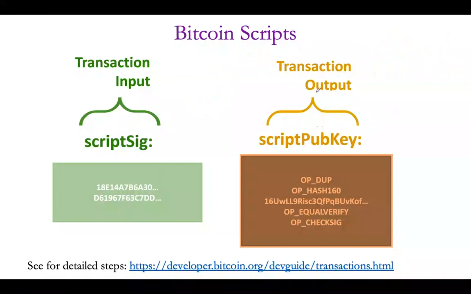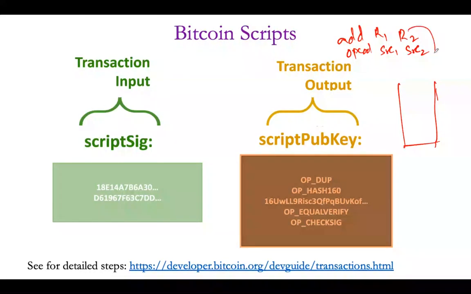That means, simply, suppose you have an instruction like add R1, R2. We call this the opcode, and this one is your source 1, this one is your source 2. When you do the stack operation, the operands will be pushed first into the stack, like R2, then the second operand R1, then the opcode will be pushed into your stack, that is your add.